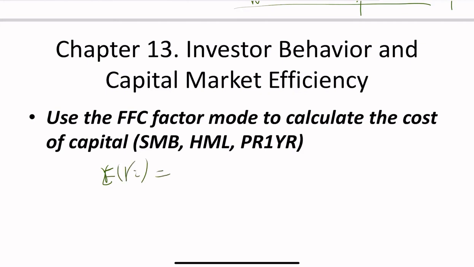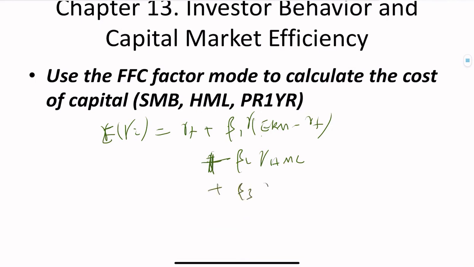Under this FFC four-factor model specification, the cost of capital is given by this. I forget the name for this one; I think the textbook used prior 1-year return.